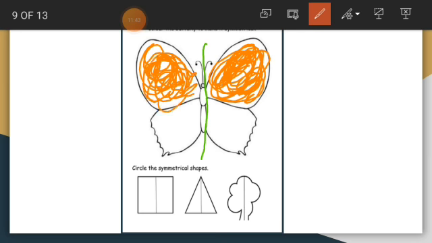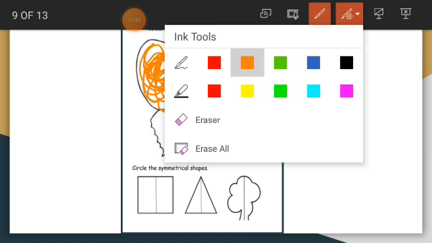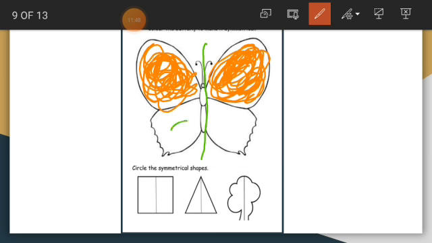Okay, this is how we will complete the color. Now I am choosing the second color. If I do a green color over here, the second part should also be green because we have to make this butterfly symmetrical. Now this is the line of symmetry and both sides are same.